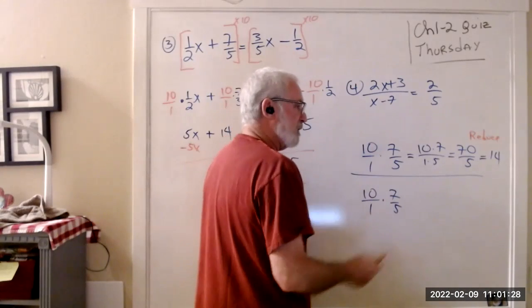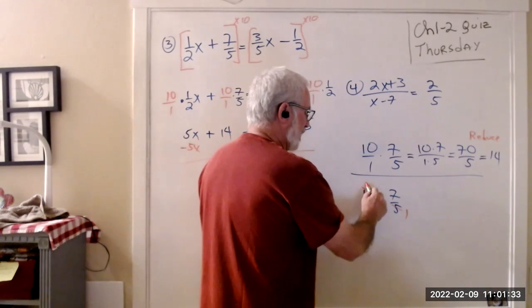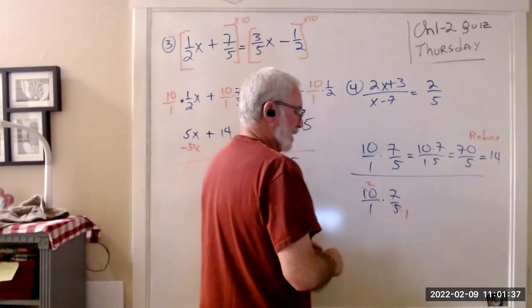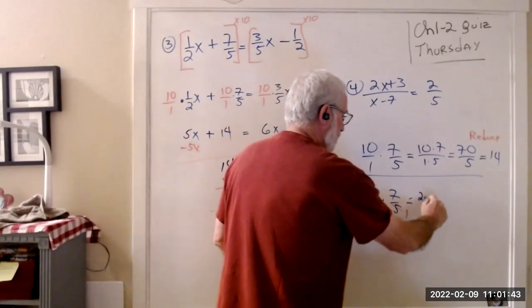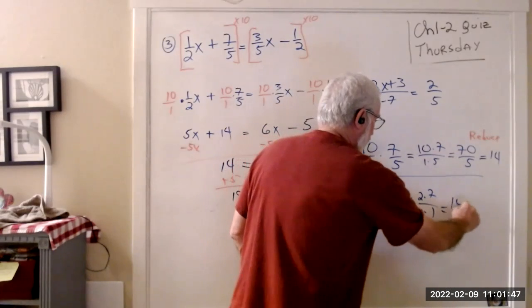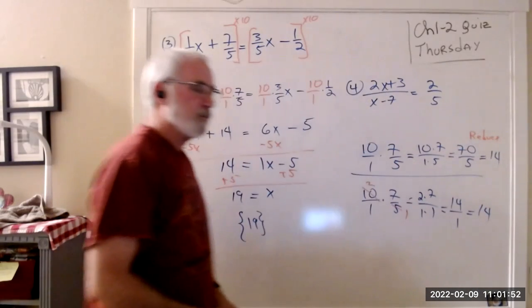And you said something like 5 goes into 5 once, 5 goes into 10 2 times. Something like that. Yes, that's correct. So now when you multiply across 2 times 7 over 1 times 1, you get 14 over 1, which is 14. You get the same answer.